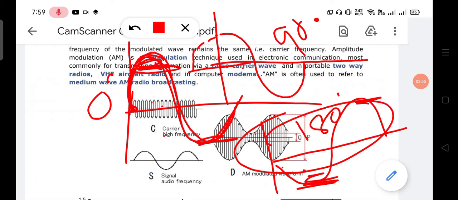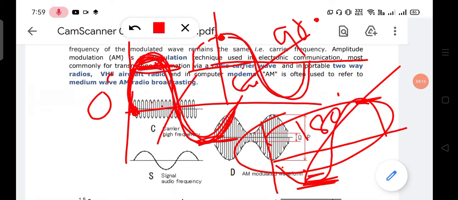In 0 degree phase shift, the wave starts from the origin, zero to this much. But in 90 degree phase shift, the wave starts from this point and goes over. So this is 0 degree, this is 90 degree, this is 180 degree.